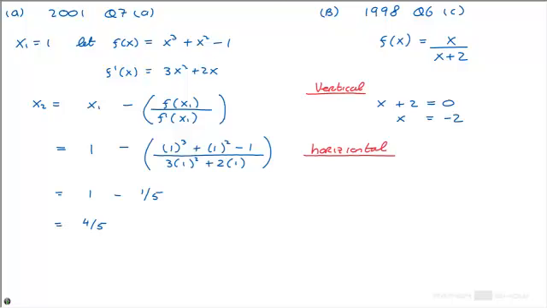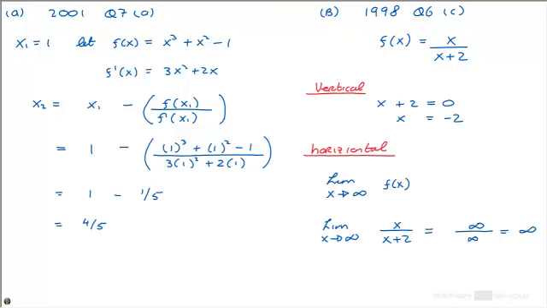Well, what you're going to do is get the limit as x goes to infinity of the entire function. So that's f of x. In other words, the limit as x goes to infinity of x over x plus 2. The problem with doing that is you'll end up with infinity over infinity, which is undefined, and we can't accept that.